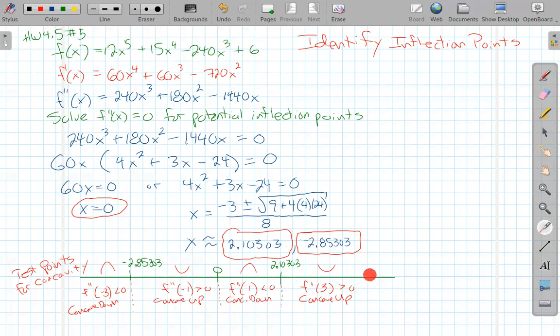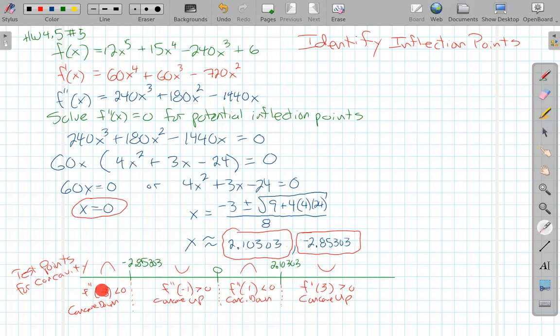So that's what this number line here is for. On my number line, I plotted my two numbers from the quadratic formula, my negative 2.85, my 0, and then my 2.1-ish here. Then we want to test a number in each of these intervals. So 3 numbers split the number line into 4 different intervals, and I need to pick a number in each interval to test the sign of the second derivative.